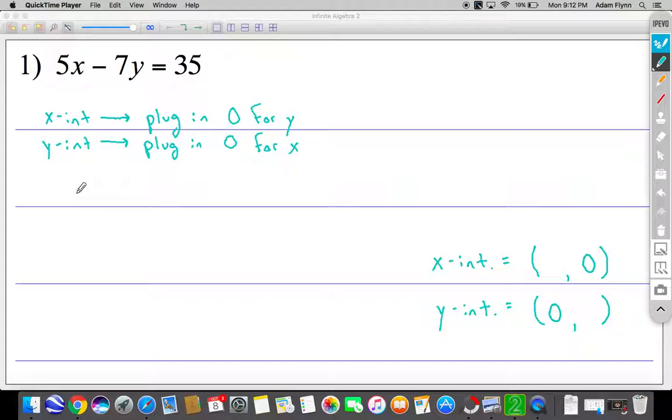So doing the x-intercept first, I'll have 5x minus 7 times 0 equals 35. So negative 7 times 0, that cancels out, so I'm left with 5x equals 35. To get the x by itself, I'll divide both sides by 5.